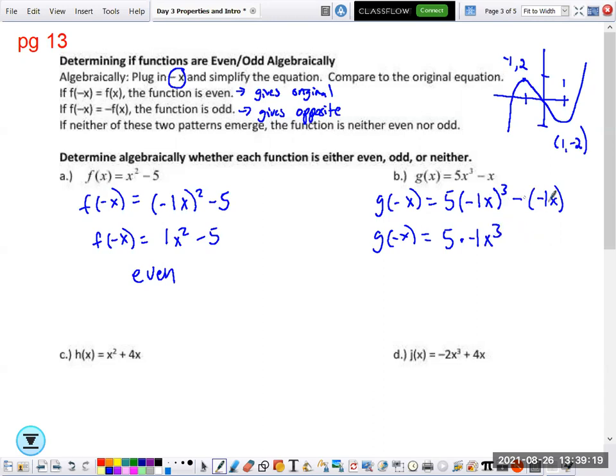Here there's no power, so I'm just going to distribute the negative and I get plus 1x. Now 5 times negative 1x cubed becomes negative 5x cubed plus 1x. So let's take a look. The original function was positive 5, negative 1. This function is the opposite, negative, positive. That means this function is odd.